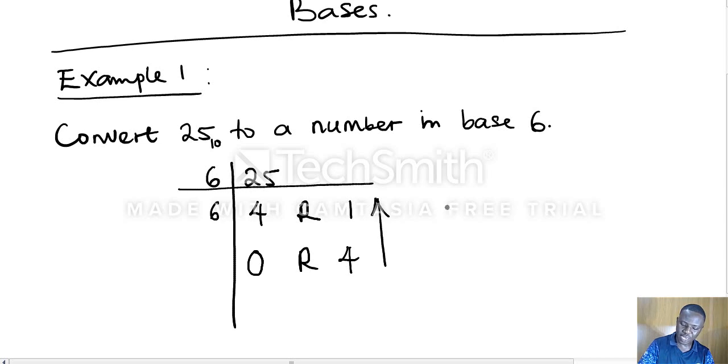So we'll have 25 base 10 is equivalent to 41 base 6. That is 4 groups of 6 and 1 multiple of 6.